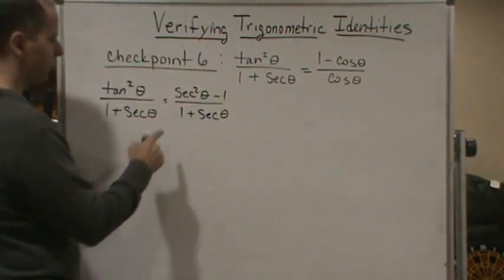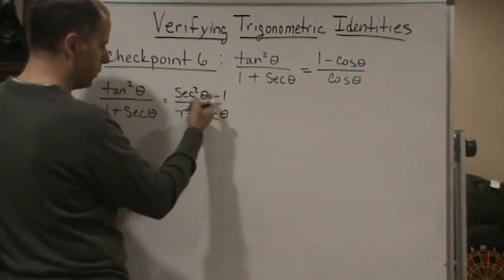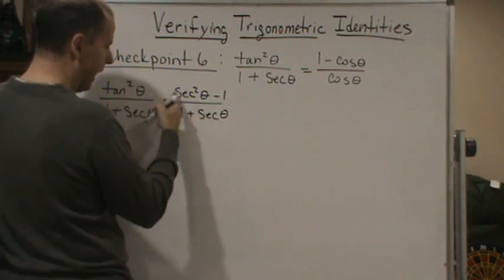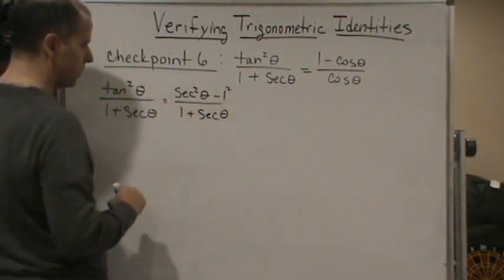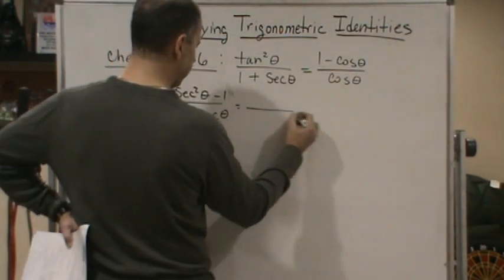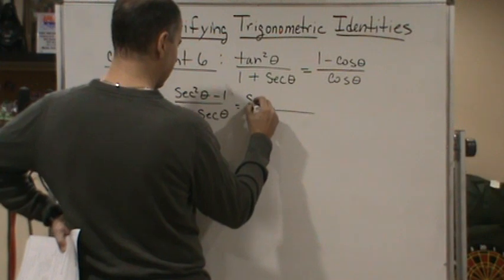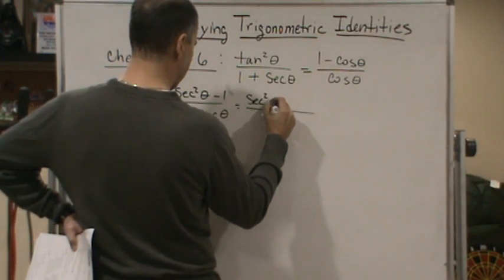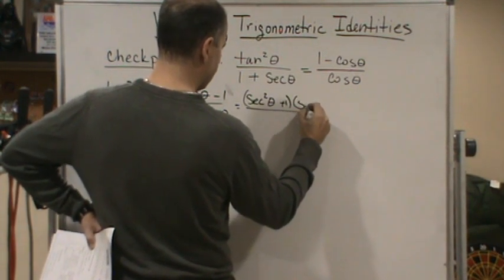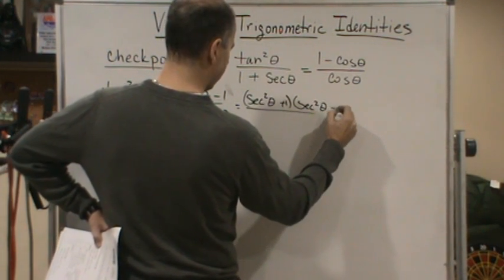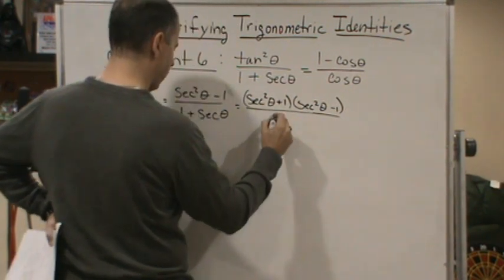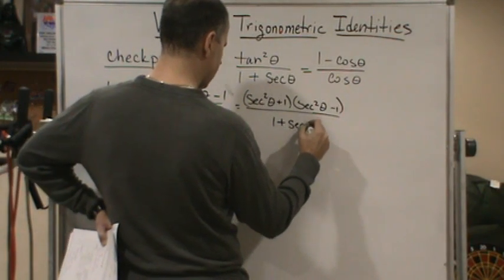Then again, you want to look for opportunities to factor here. In this case, I've got a 1 plus secant theta, and I can use that this is a difference of two squares, right? So I'm going to rewrite this and factor the top. That's going to give me secant squared theta plus 1 times secant squared theta minus 1 over 1 plus secant theta.